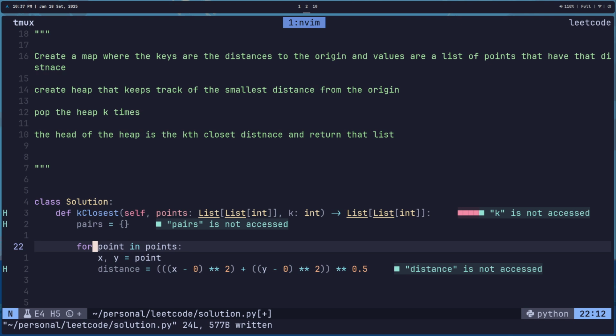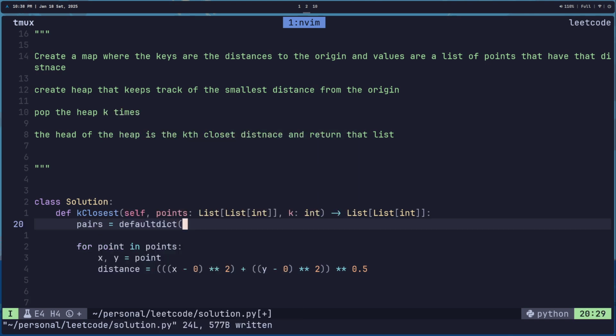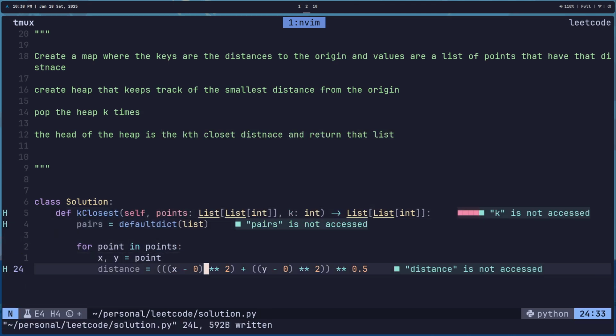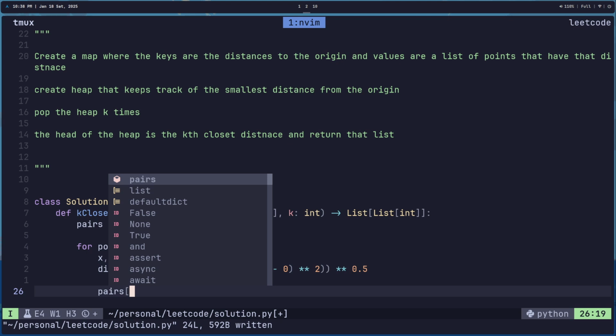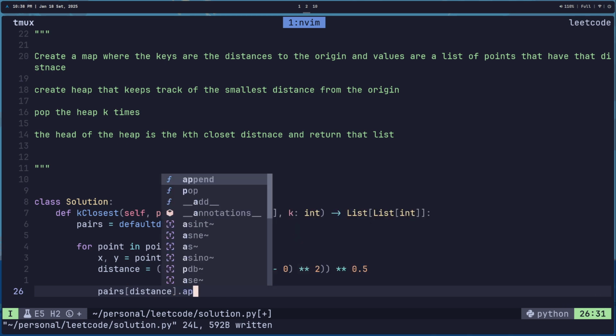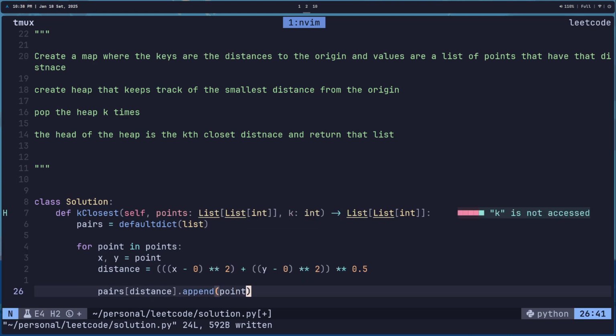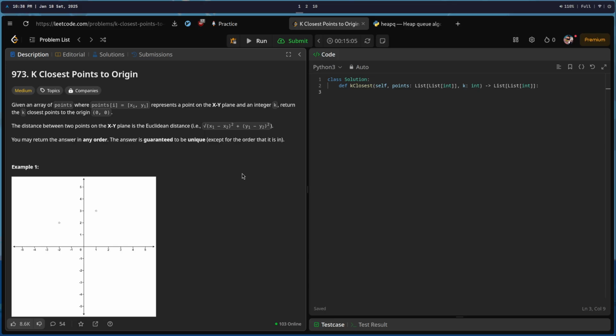And then defaultdict list, and then pairs at the distance dot append point. That should be correct, right?